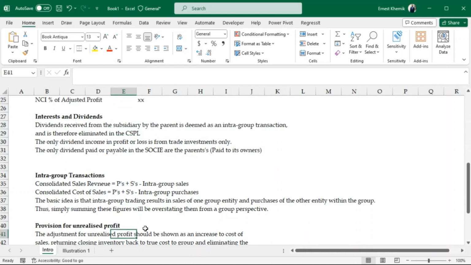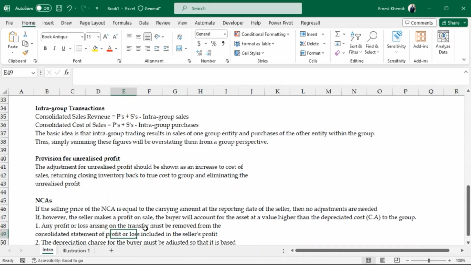All right, now let's look at intra-group transactions where there are payables and receivables, as we have seen in the consolidated financial position. Now, whenever there are intra-group transactions, one of the entities, usually the seller, is going to record sales, and then the purchaser, the one who purchased the goods, is going to record purchases.